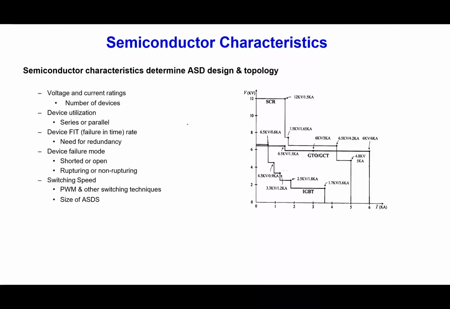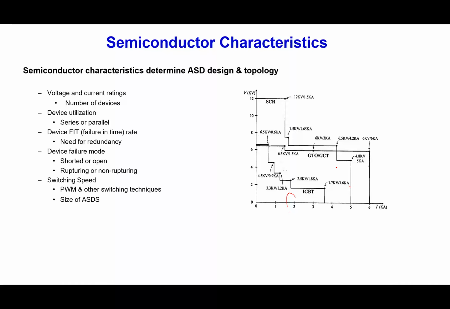So these are some of the characteristics. If you have a high current and high voltage, which device do you use? For example, if you are in this region, this is 2000 amperes, the voltage is high, you use the silicon controlled rectifiers. If it is a little bit lower voltage, but you can go to higher currents, then GTOs, that is gate turn-off devices, or IGCTs can be used.